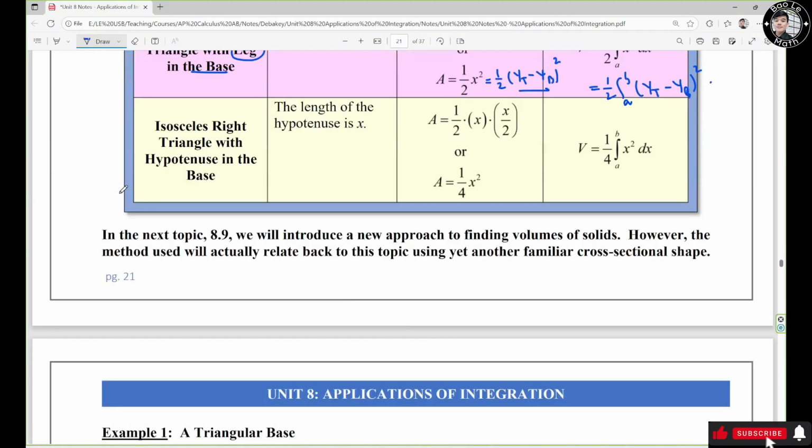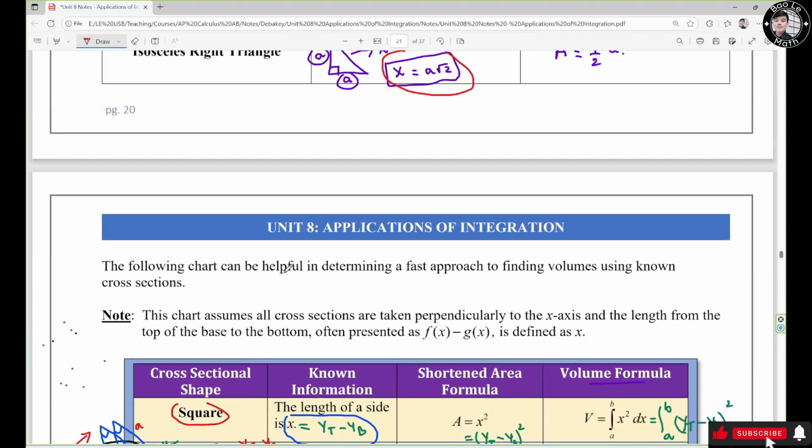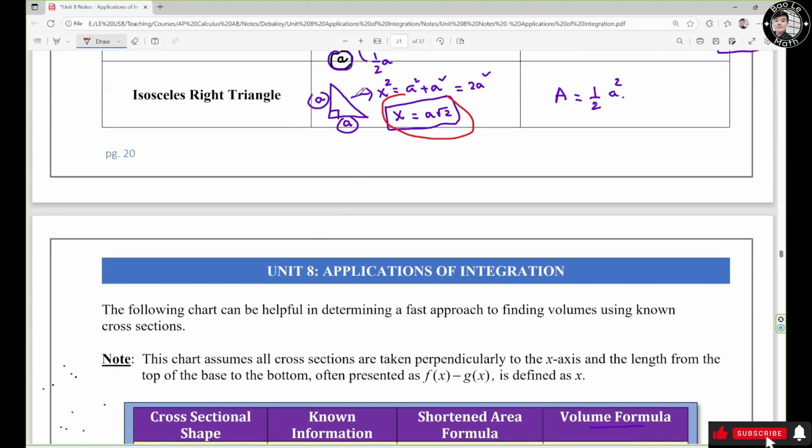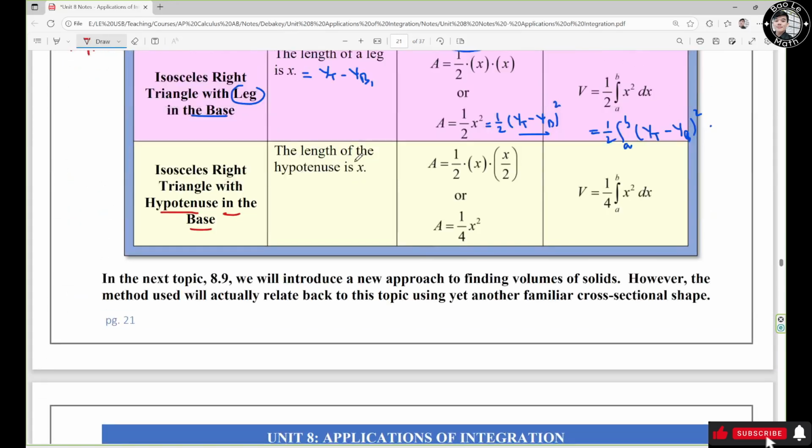Now we're going to talk about the last one, really: isosceles right triangle with hypotenuse in the base. Previously we know that for the isosceles right triangle the hypotenuse is s equals a root 2, where the length of the leg is a. So we go back over here.